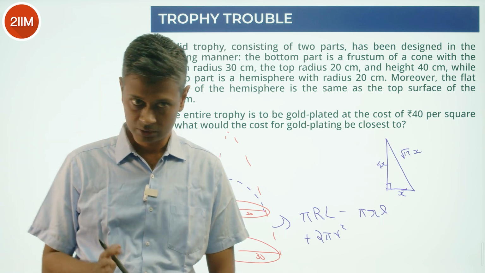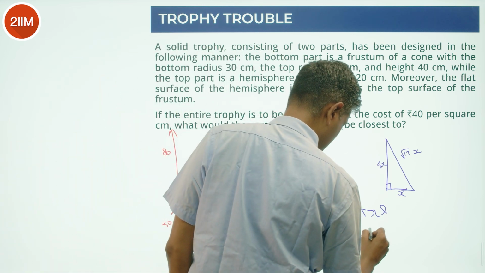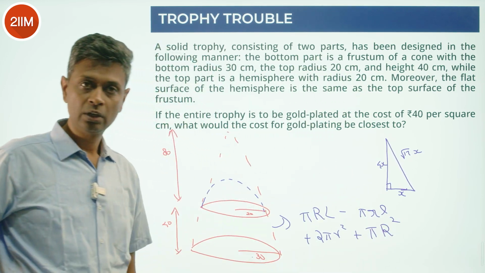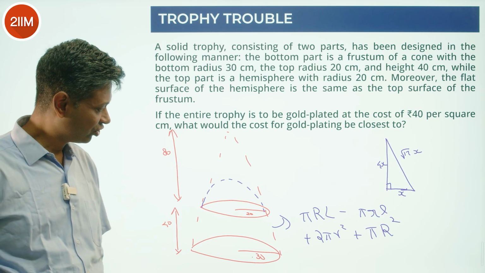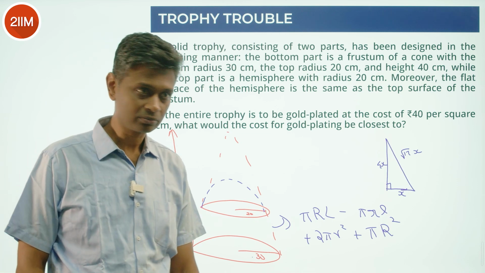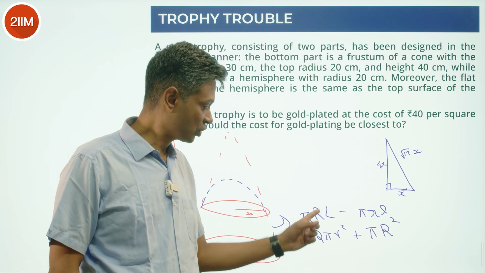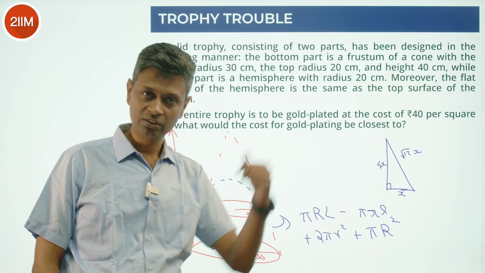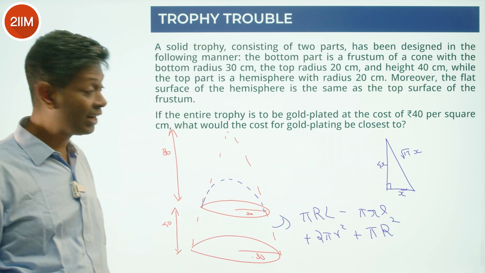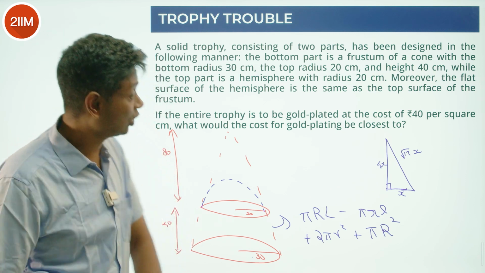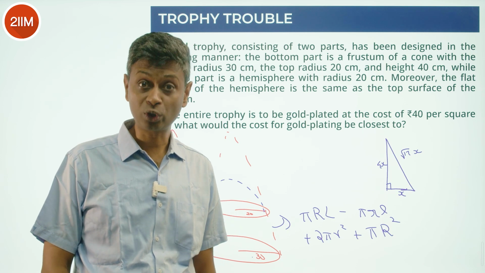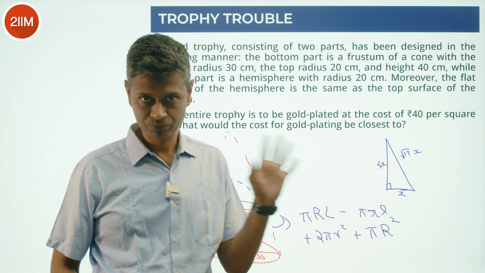Plus pi r square for this, where capital R is 30, small r is 20, and capital L is 30 root 17, small l is 20 root 17. This is the total area I am gold plating. I multiply this total area by 40 to get in terms of rupees.